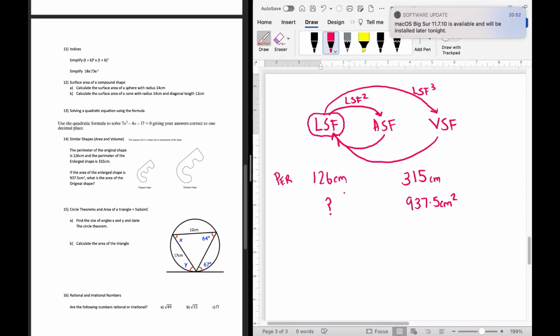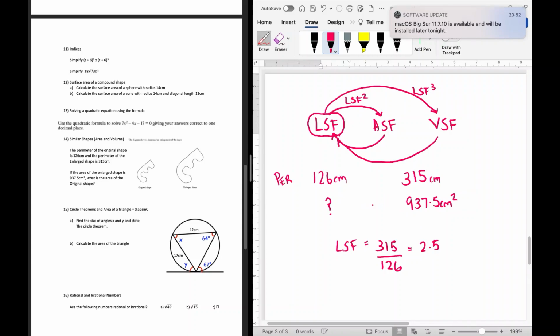So we know a length on the first shape, the length being the perimeter, and we know a length on the bigger shape. So our length scale factor is 315 over 126, which is 2.5.